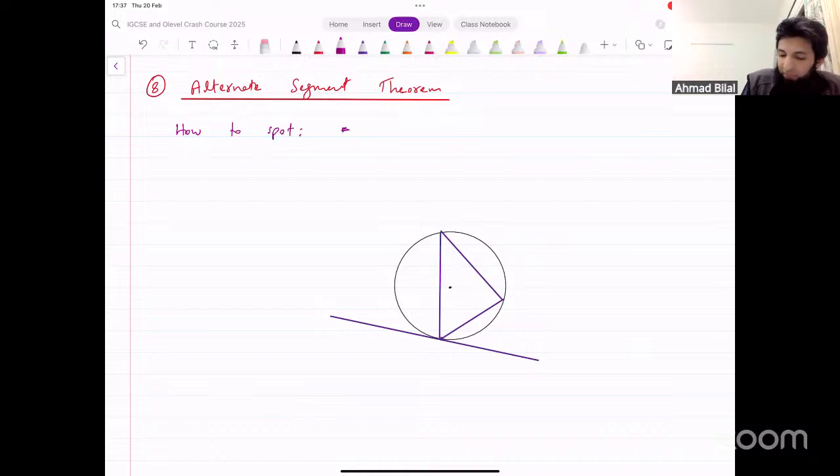You would have a cyclic triangle and you would have a tangent at one of the vertices of the triangle.